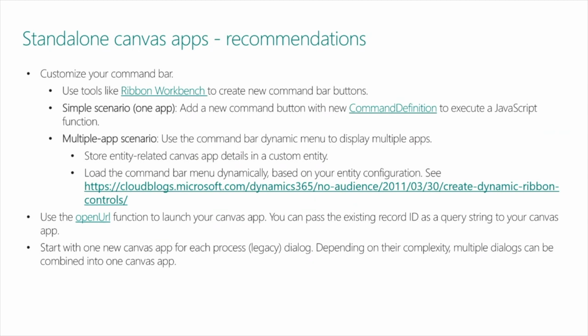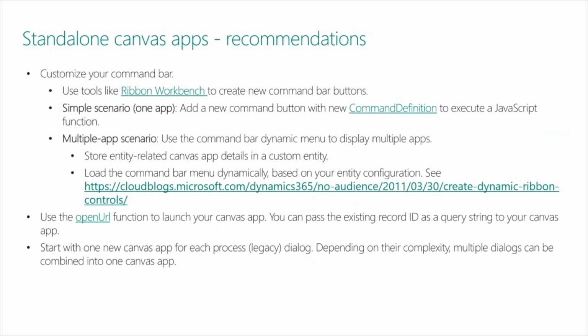You can use ribbon configuration tools such as Ribbon Workbench to create new command bar buttons. In a simple scenario where you just have one app, you could potentially just add a new command button with a new command definition to execute a JavaScript function.